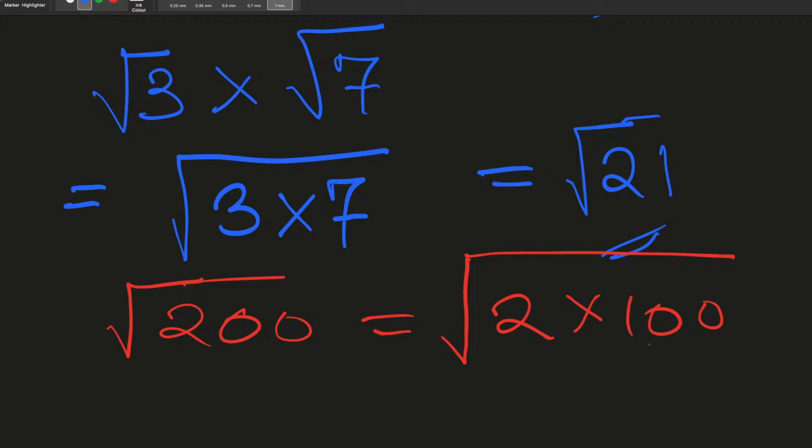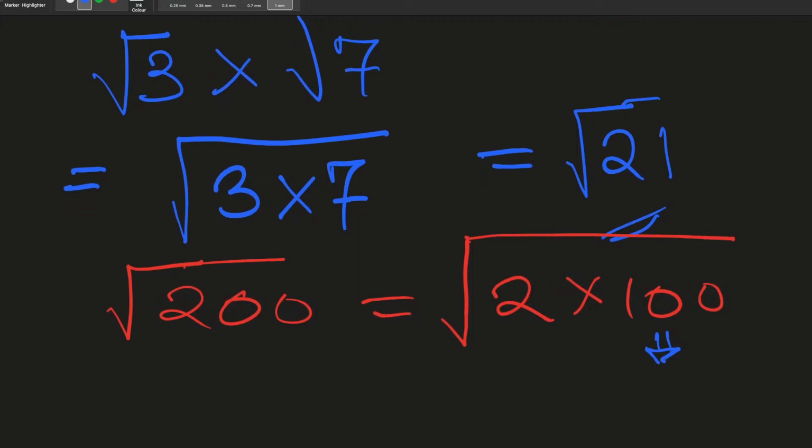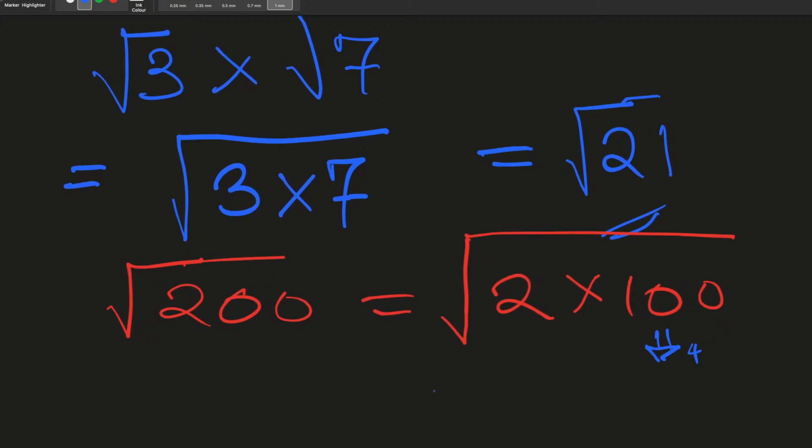How can we break the 100 into pieces? We know 100 is 4 times 25. If you don't want trouble, divide it by 2 and you get 50, then divide the 50 by 2. So with a continuation, this is equal to root of 2 times 4 times 25.